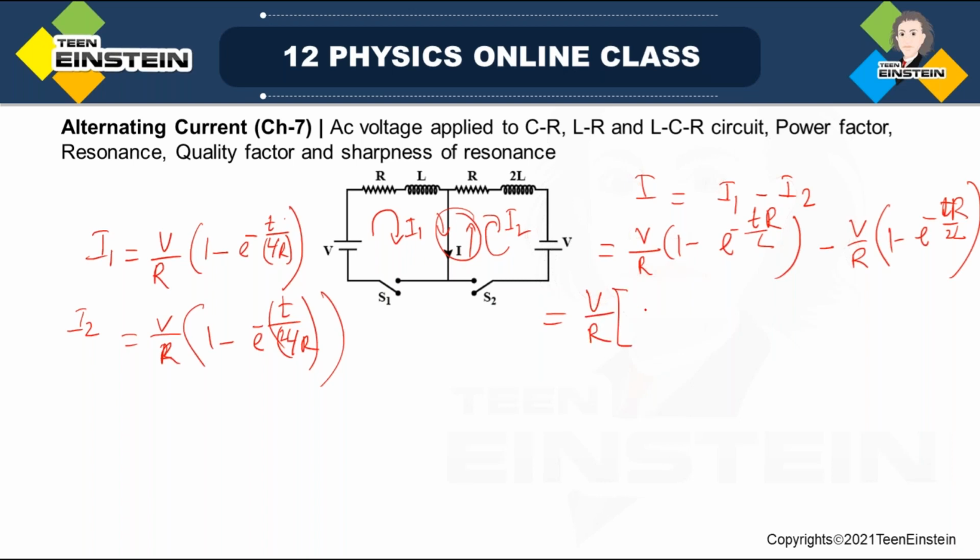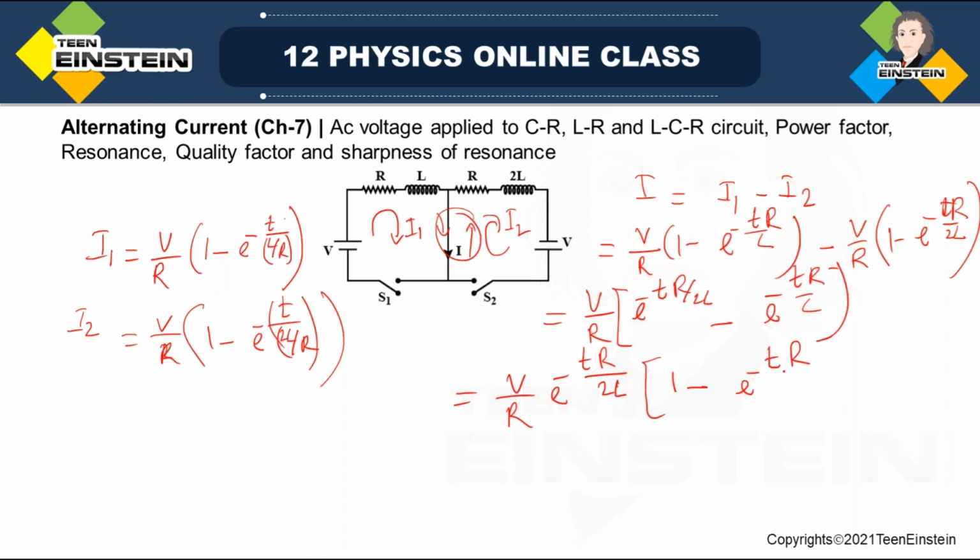So it will be V by R, and this will be positive, e to the power minus TR by 2L minus e to the power minus TR by L. Now we can take V by R e to the power minus TR by 2L as common, so we get e to the power minus T into R by 2L.